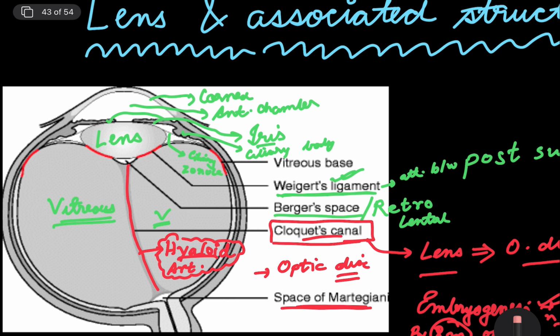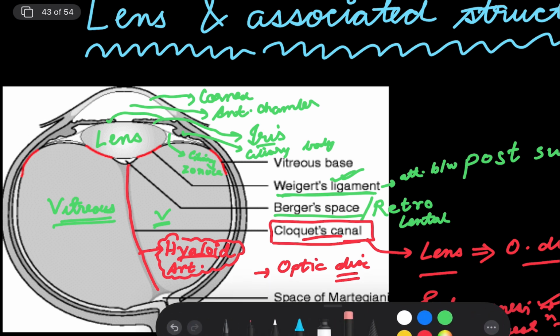We have just talked about the fact that the optic disc is also present over here. So the optic disc is present in which layer of the eye? The optic disc is present in the retina. That is why I said that we will talk about the optic disc in a lot more detail when we talk about the retina.